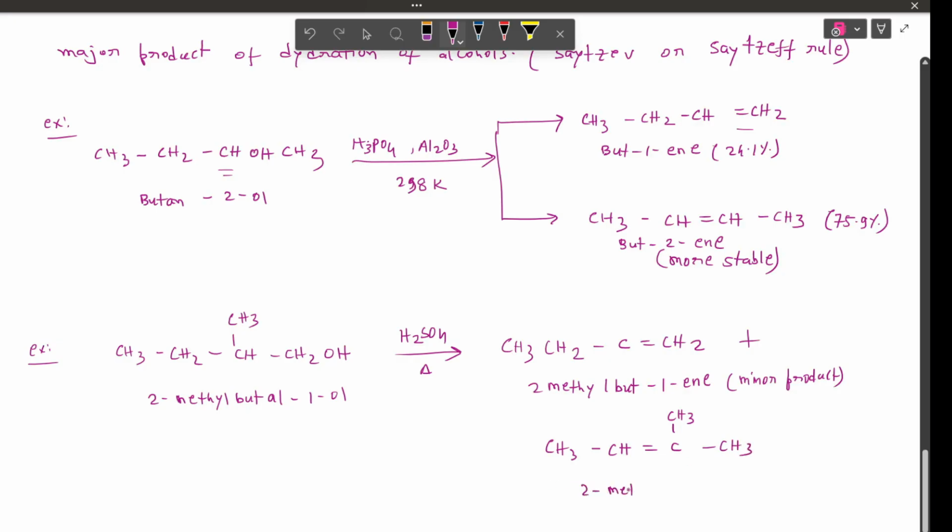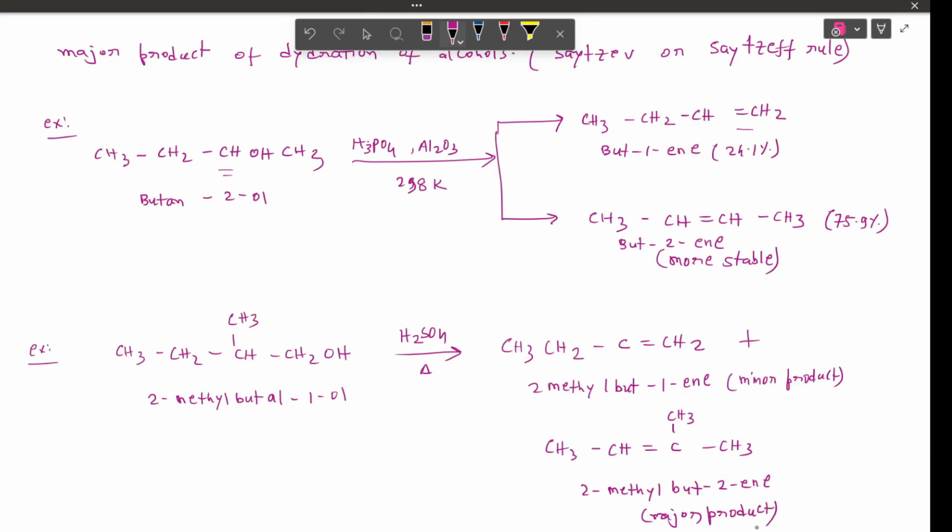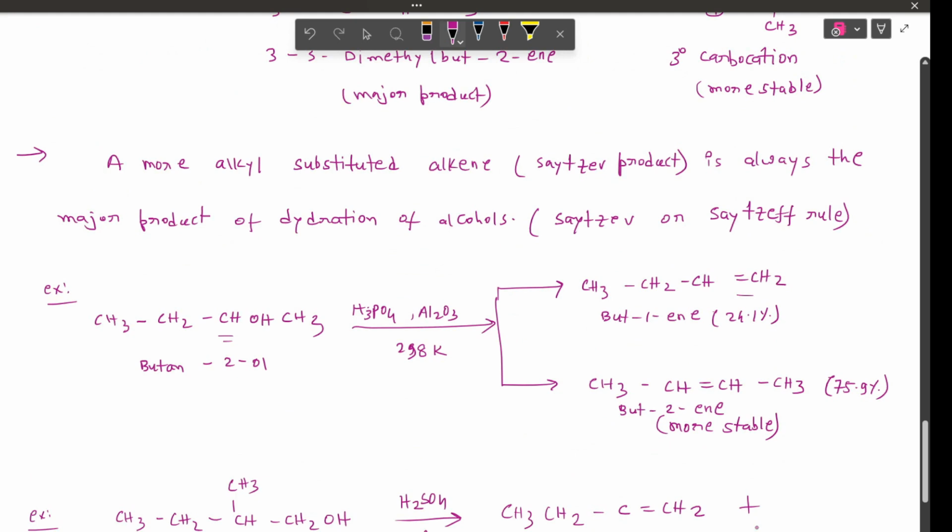This is 2-methyl but-2-ene. This is your major product, because according to Saytzeff's rule, the more alkyl substituted alkene is always the major product of dehydration of alcohols.